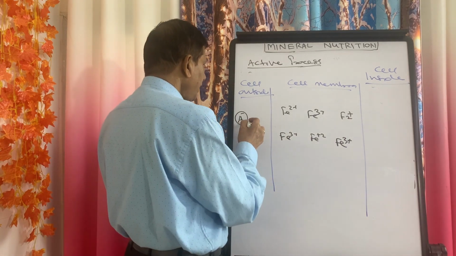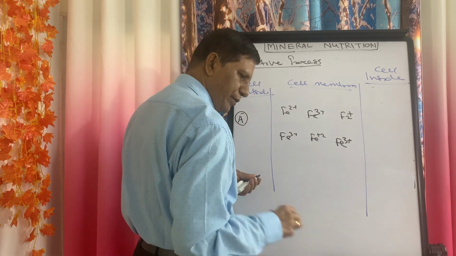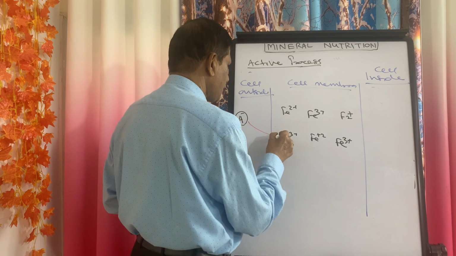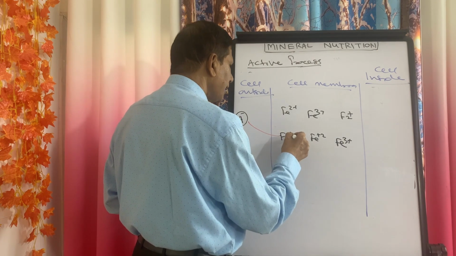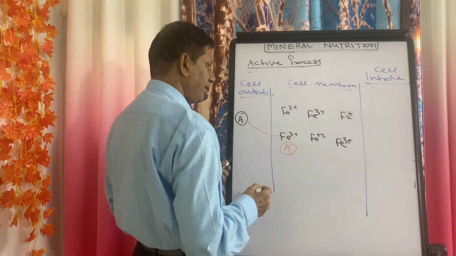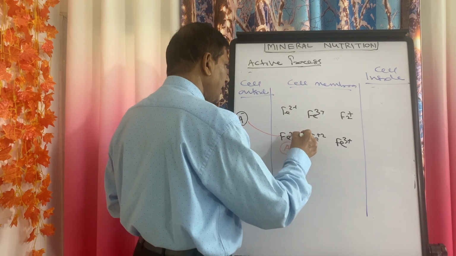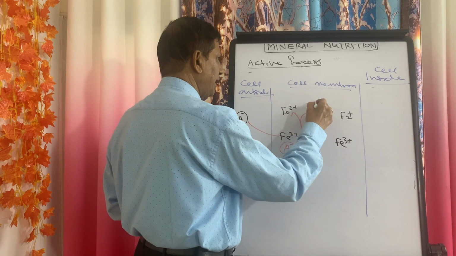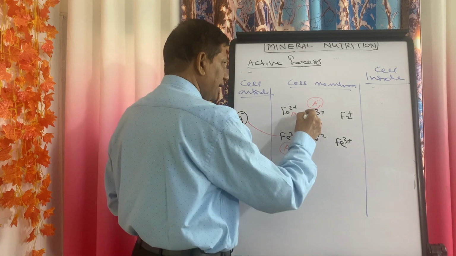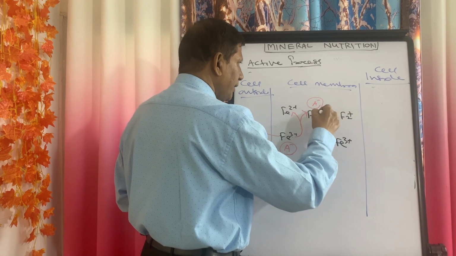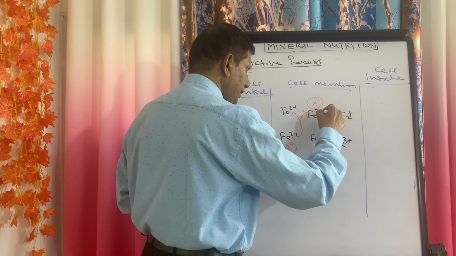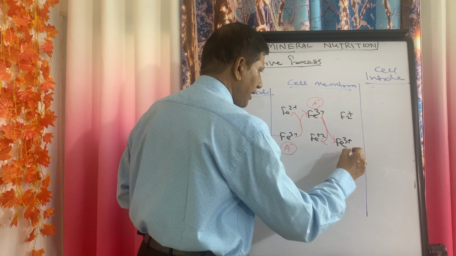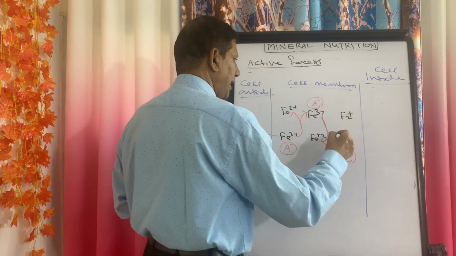This anion will be taken off by this. When it is converted to ferrous, it will give this anion to this one. Then again this ferric will give to this one, and it will return back to this one. That means now the anion will be here.